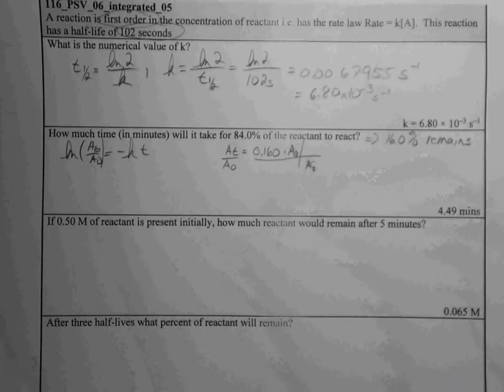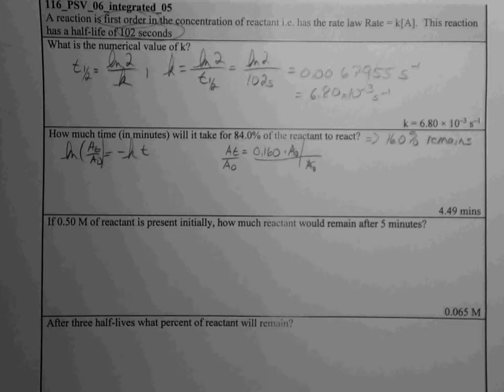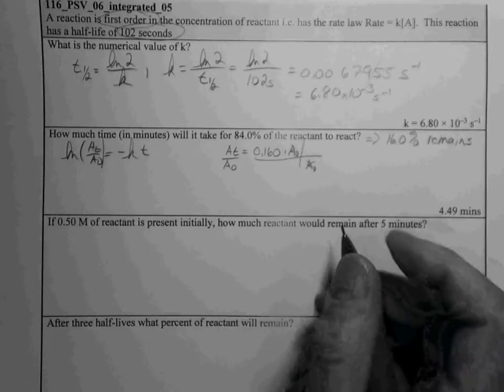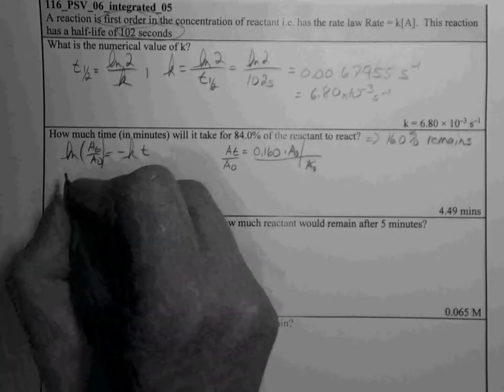If we do this, we see the initial concentration cancels out, so we do not need to know what that is. In fact, any given initial concentration is going to have this same result. So we can substitute in and solve for t.